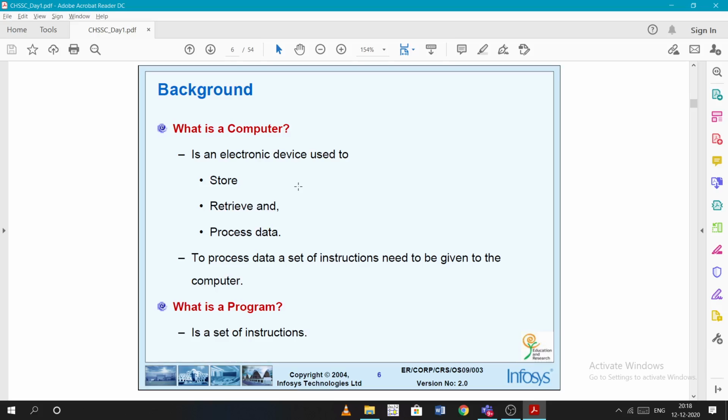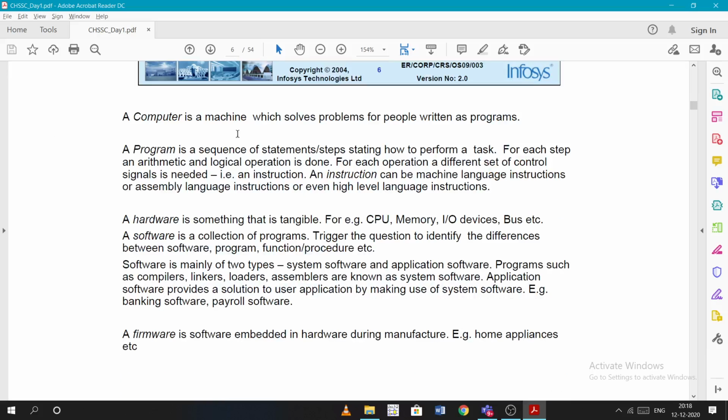So when you group some instructions into a place, it is called a program basically. You can write in other terms, a computer is a machine which solves problems for people, written as a program. A program is a sequence of steps stating how to perform a task. For each step, the algorithm and a logical operation is done.